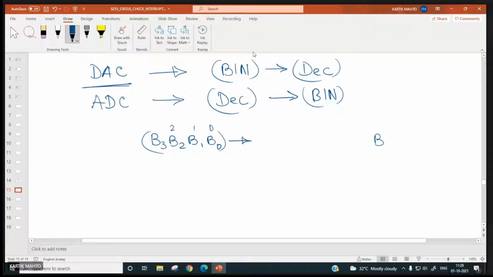So B0 into 10 to the power 1, correct? Then B1 10 to the power 0, then 1, then B2 into 10 to the power 2, then B3 into 10 to the power 3. This is what we do now. This conversion or something else? Yeah? 2 to the power 0. 2 to the power is yes.